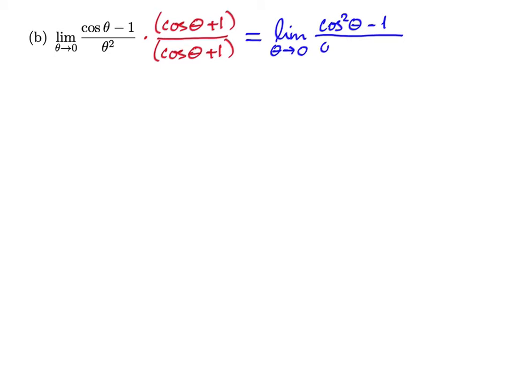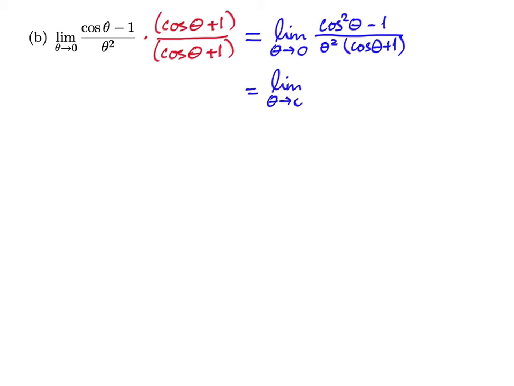The denominator is just theta squared times cosine theta plus 1. Now, look at that numerator. We can use a trig identity there. Remember, cosine squared plus sine squared is equal to 1. So that Pythagorean identity tells us that cosine squared theta minus 1 is negative sine squared theta.